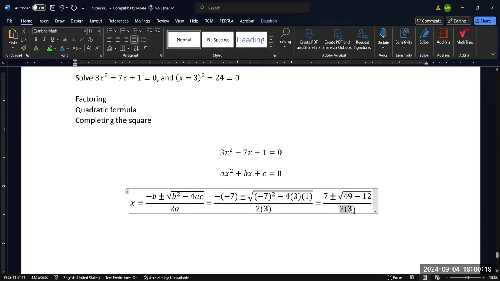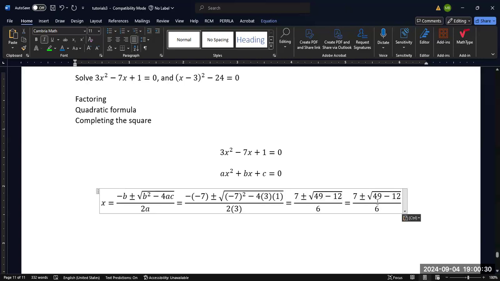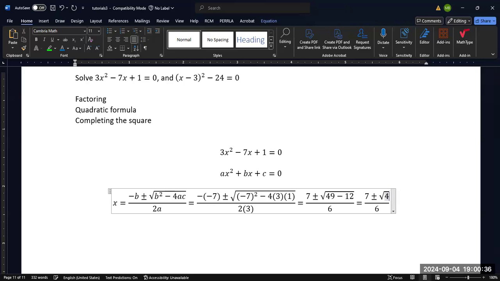And my denominator is going to give me 2 times 3 is 6. And then I need one more simplifying step at least. And that is 49 minus 12 is going to be 37. And I can't simplify that anymore.